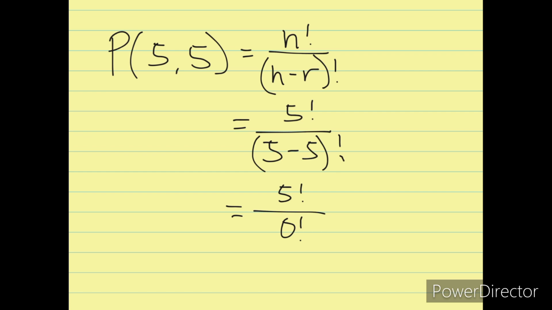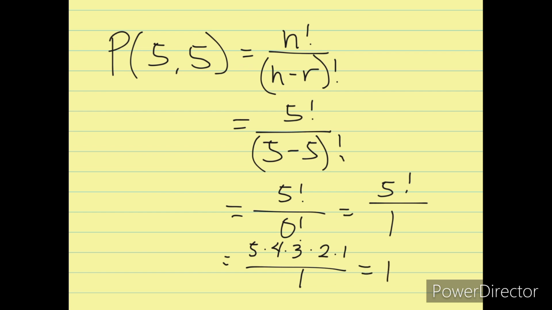And remember that 0 factorial is equal to 1. So we have 5 factorial over 1. So what is 5 factorial? Then we have 5 times 4 times 3 times 2 times 1 over 1, which is equal to 120. Okay, so remember again that 0 factorial is equal to 1.